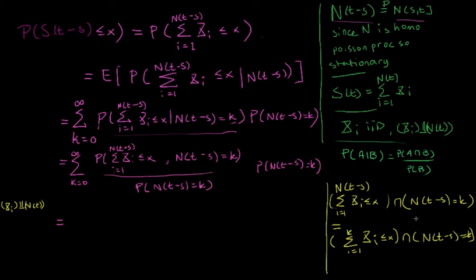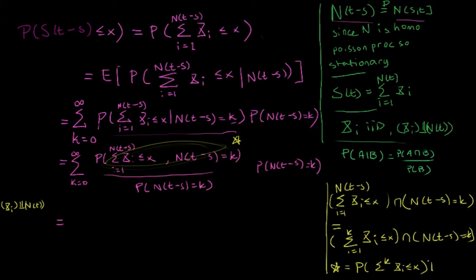So I can write this probability, if I call it star, as star equal to the probability that the sum up to k is smaller than or equal to x, intersected with the event that N of t minus s is equal to k. However, we do assume also that X and N are independent.